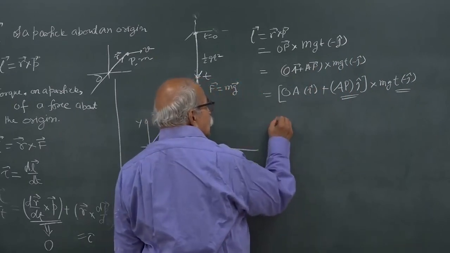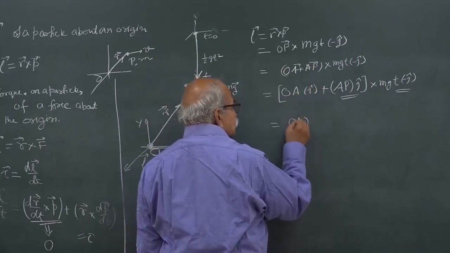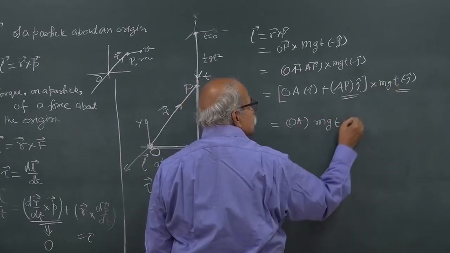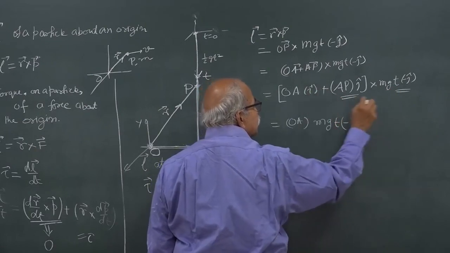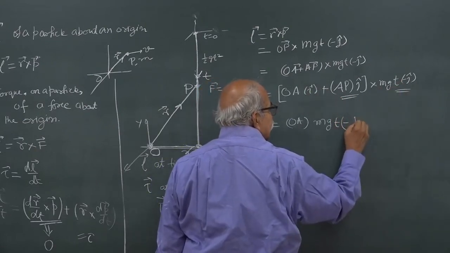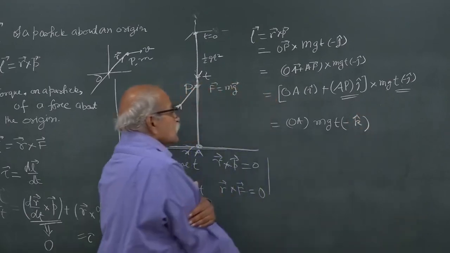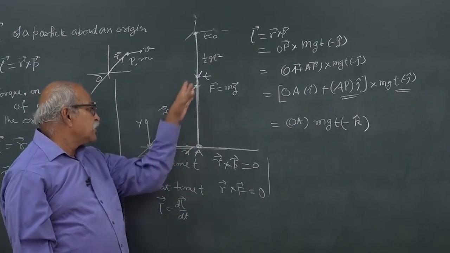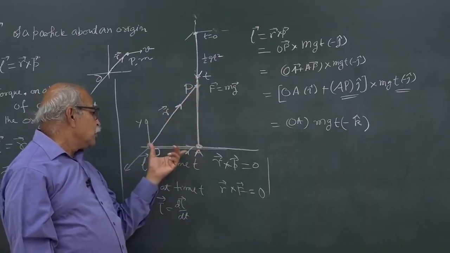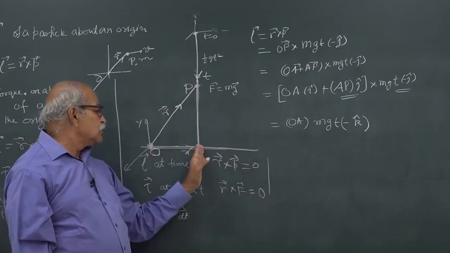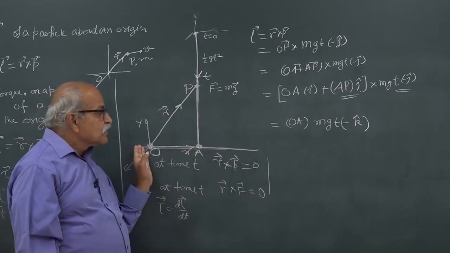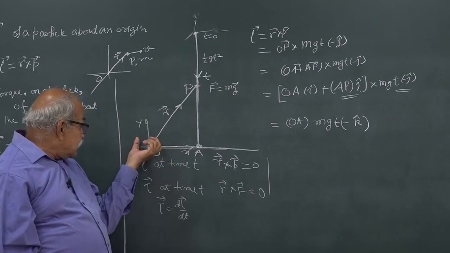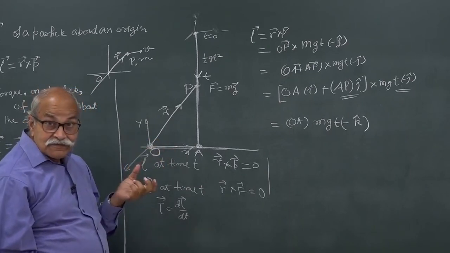So, this is OA multiplied by mgt and then minus, and i cap cross j cap is k cap. All right, OA is fixed, the particle falls like this. So, all the time OA is fixed. So, OA has a magnitude, depends where you have chosen the origin, and then mgt in minus k cap direction, and k cap remember is now perpendicular to the blackboard.